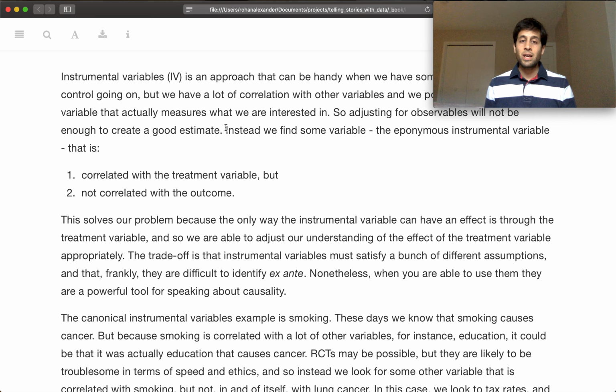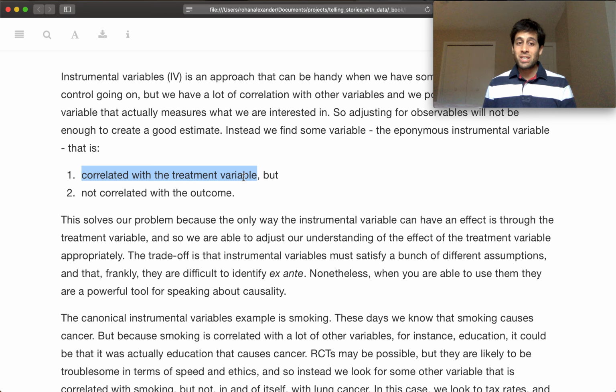And so instead, what we're going to do is find some variable, and this is where it's going to be the eponymous instrumental variable. And the instrumental variable is going to have two characteristics, and these are critical. Firstly, it has to be correlated with the treatment variable.